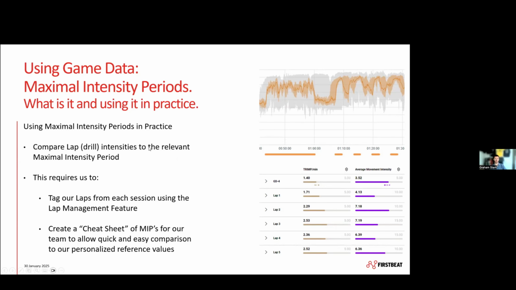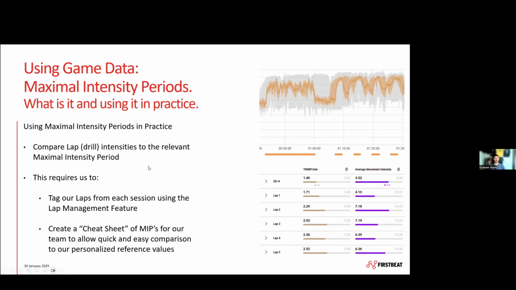I would also suggest creating a cheat sheet of the maximal intensity periods that are of most interest to you, because you're probably not going to be using every single one from 30 seconds up to 2 hours. You'll have a bank of drills that perhaps have a common set of durations.